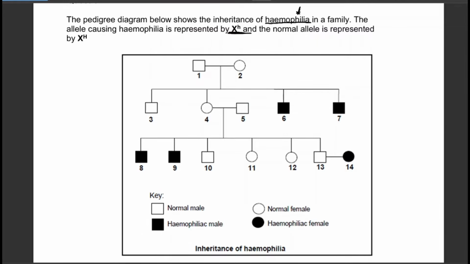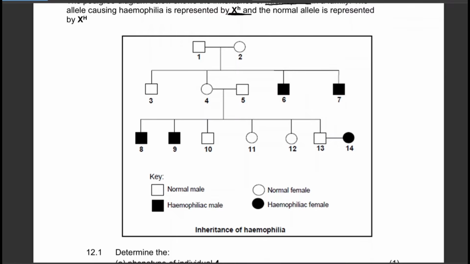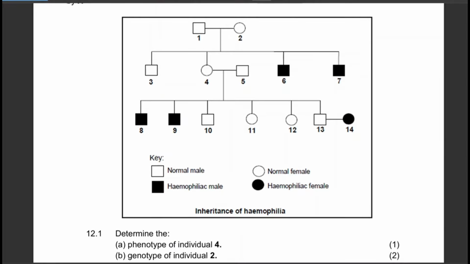Now, in this pedigree diagram, you are given the individuals in this family, and a key is also very important. You are given a key here, and it's very common. It's always been like this, but you have to read and understand the key. The square in this pedigree diagram is for the male, but a square can either be shaded or non-shaded, right?